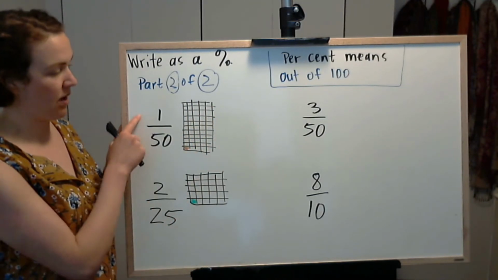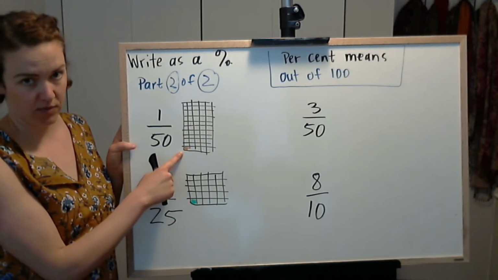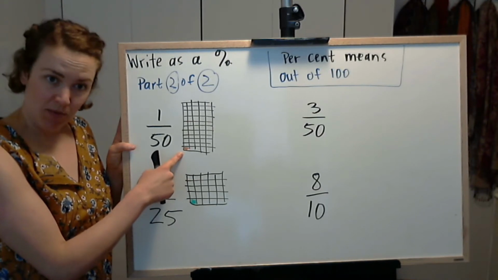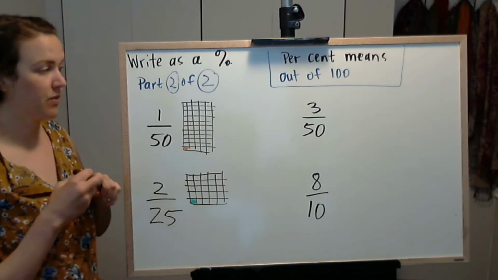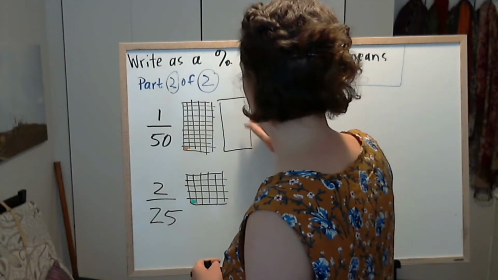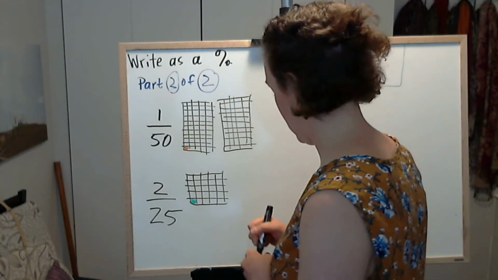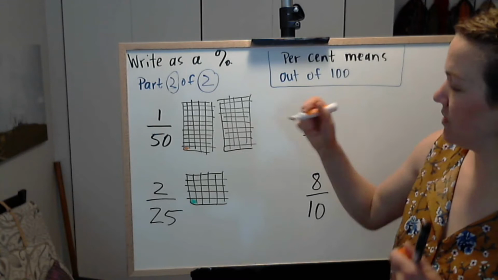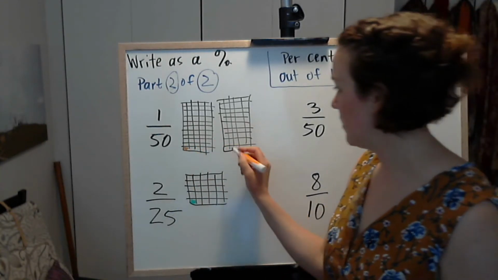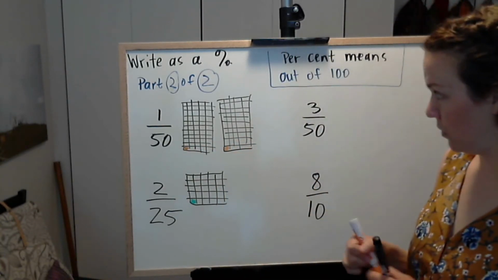In this example, we have 1 out of 50. So I've got 50 little squares and 1 is colored in. In order to keep this ratio the same, but to make it out of 100, I can draw another 50 squares. So I'm just doubling it, really. And then I have to keep the ratio the same. So if there's 1 colored in here and I'm doubling it, I have to color in another one, for a total of 2.